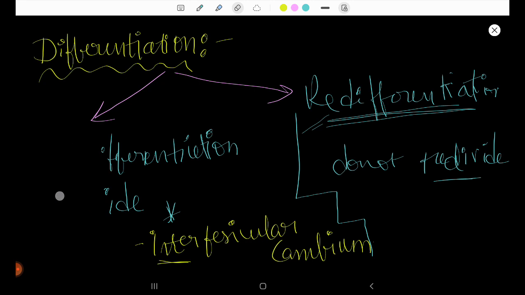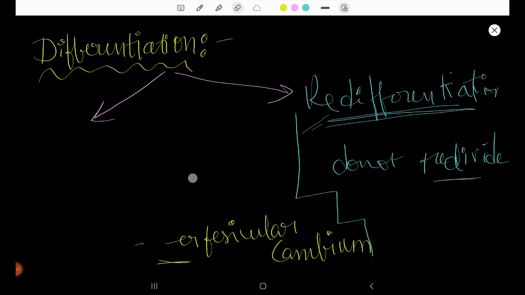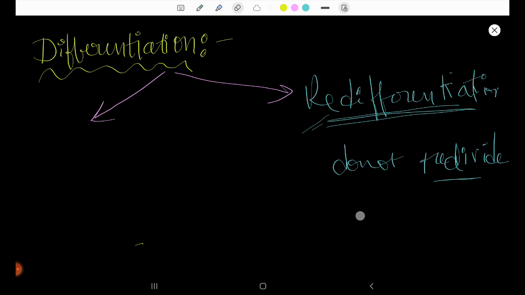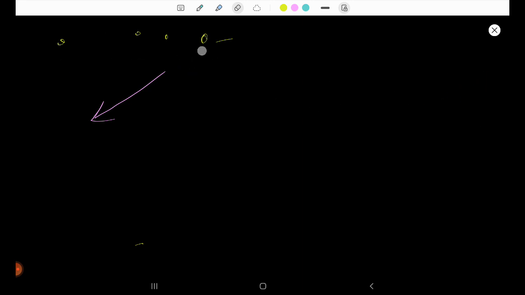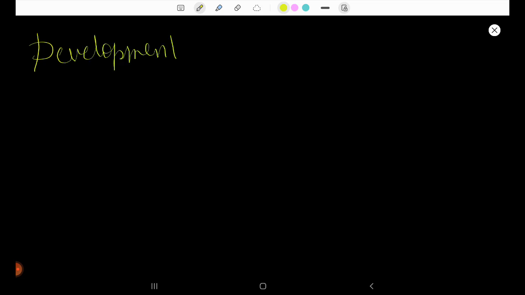So that's it, we have completed differentiation. Now let's move on to development. Let's see what development in plants is.